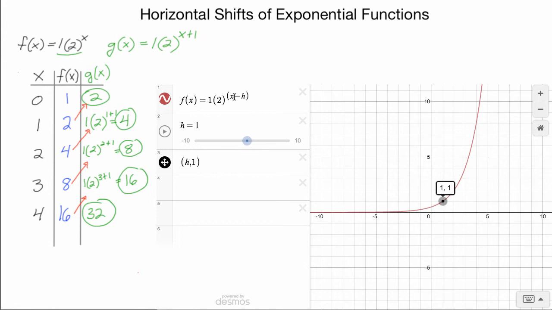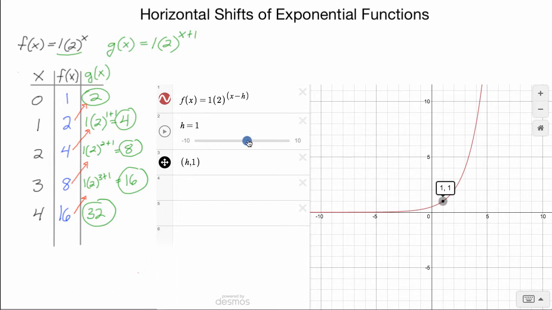So really, even though x is 0, this is sort of like saying calculate the function when you have 1 times 2 to the negative 1x. Well, that's really this left value here, and so it assigns the y value for x of negative 1 to the x value of 0. Or in this case, when x was 1, it actually takes the y value of x of 0 and gives it to the x value of 1. So it shifted to the right 1 unit because we wanted to take the x value before it and assign it to the next one.